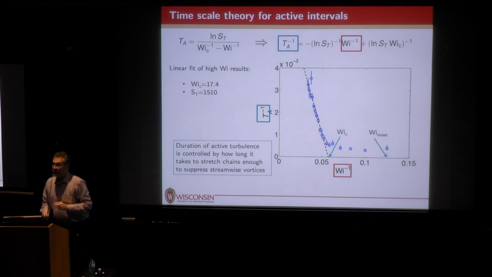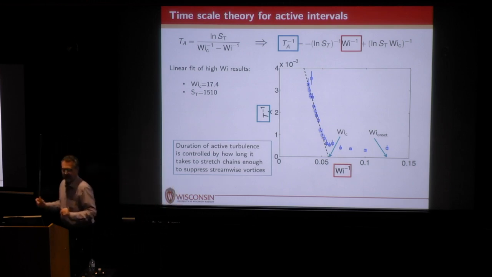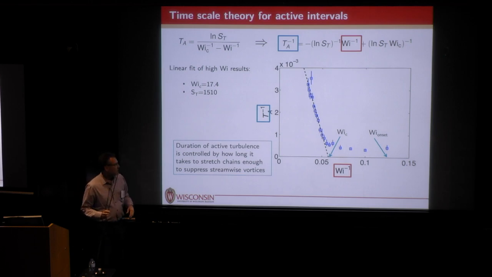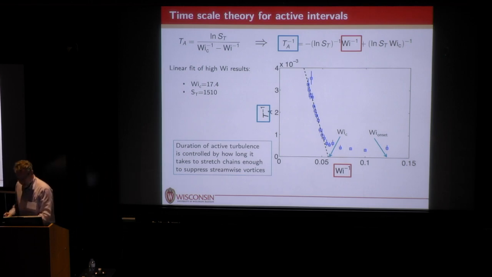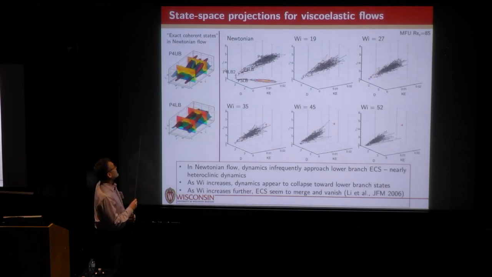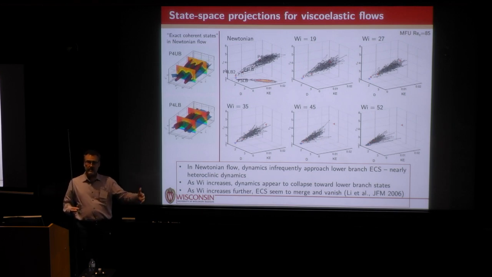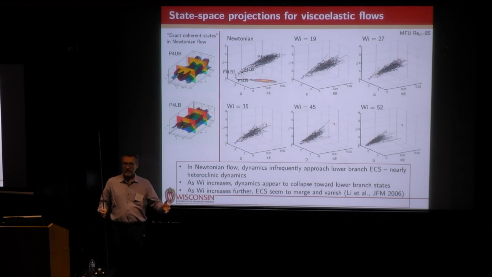We can connect this, at least in a hand-wavy way, with some of the dynamical systems ideas that have been developed for understanding near wall turbulence. Again, this comes back to Wally's work. We know that in these flow geometries, there are nonlinear traveling wave solutions to the Navier-Stokes equations that look like near wall vortices.